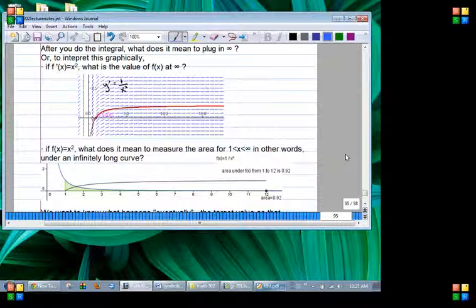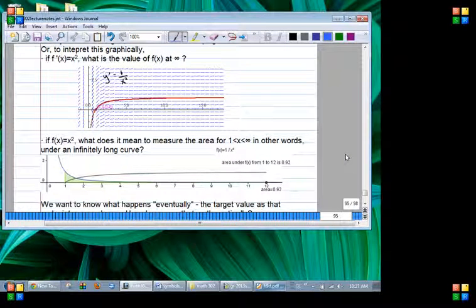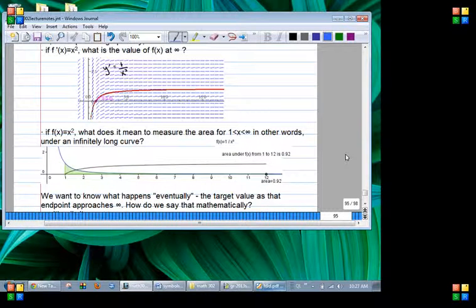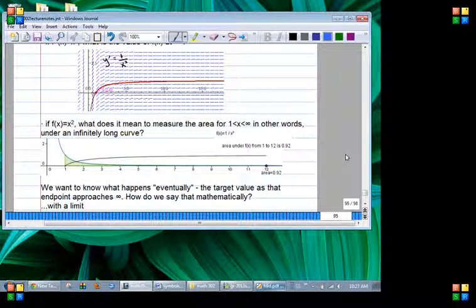And of course, the other graph is the graph of the area function itself. We want to know what happens eventually, the target value as that endpoint approaches infinity. So how do we say that mathematically? Limits. It's a limit, exactly.